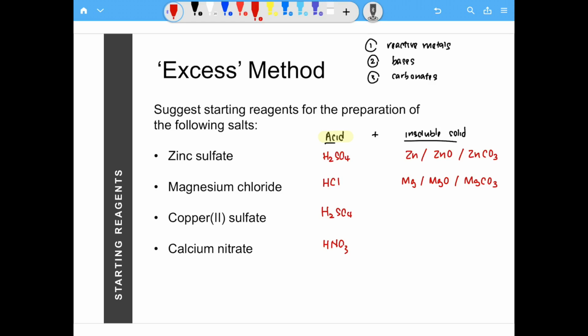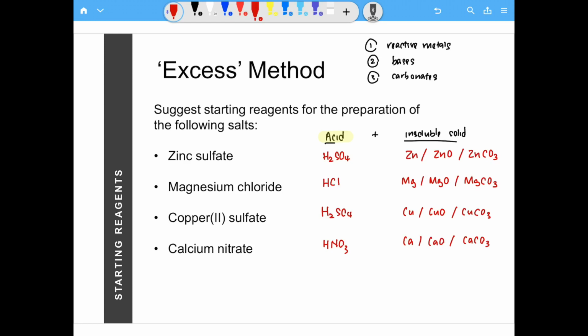Now for copper(II) sulfate, again applying the same rules as above, we can react sulfuric acid with the metal copper, copper oxide, or copper(II) carbonate. And lastly, for calcium nitrate, we can react nitric acid with the metal calcium, the base calcium oxide, or calcium carbonate.